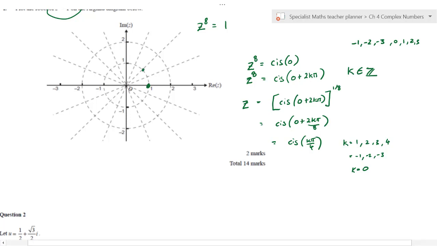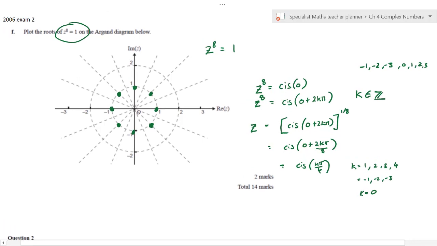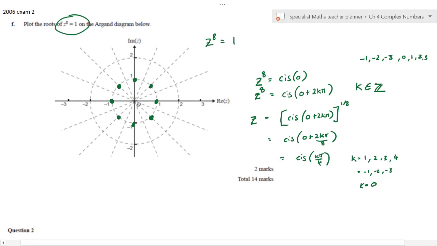So, as you can see there, there's another root, another root, another one. 1, 2, 3, 4, 5, 6, 7, 8. There's our 8 roots, and they are equally spaced. You don't need to label them or anything like that. We've plotted the roots, and this is for different values of k, basically.